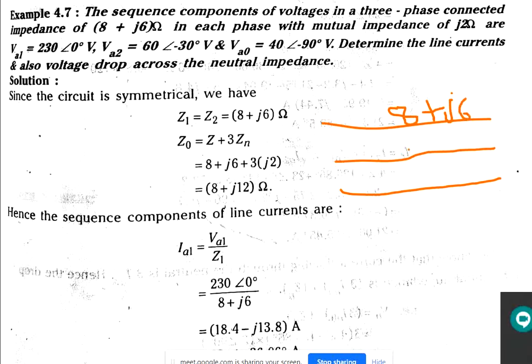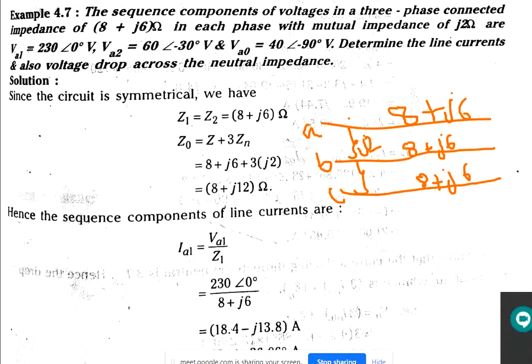Here also the same, 8 plus J6, and here also the same, 8 plus J6. But the mutual impedance in between the two lines, let us say this is A, B and C, is given as J2 ohms.